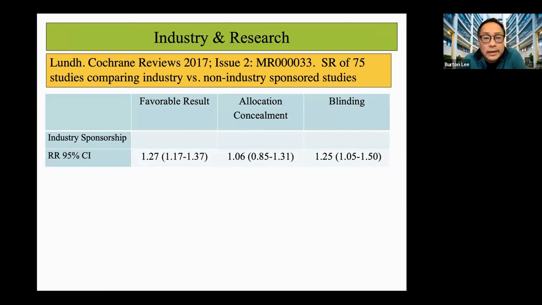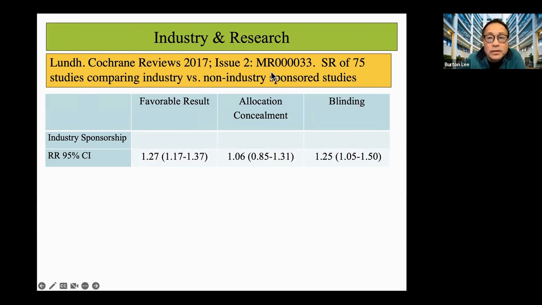Now this is a somewhat controversial topic, but I think many people say, well, we shouldn't really be penalizing industry sponsorship because RCTs are expensive and somebody has to pay for it, and that's all true. But they also bring out the fact that industry-sponsored studies are of quote unquote higher quality, and that's also shown in the study.